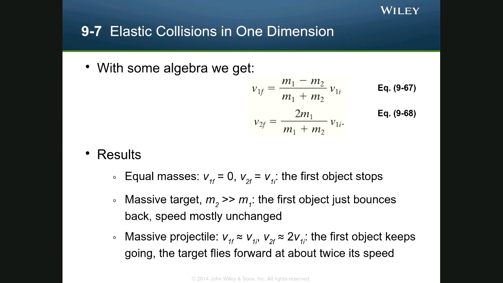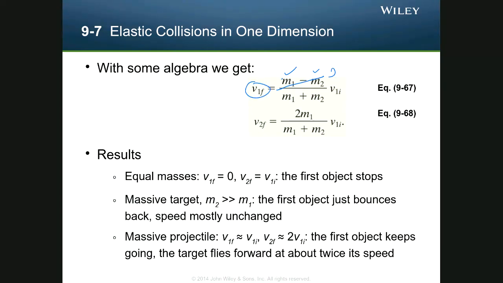And again, keep in mind that v2 initial is 0, right? So the results we have now, if we have equal masses, you'll notice that these 2 numbers are equal and they're minused. So this part will be 0, and that will mean that v1f is 0.